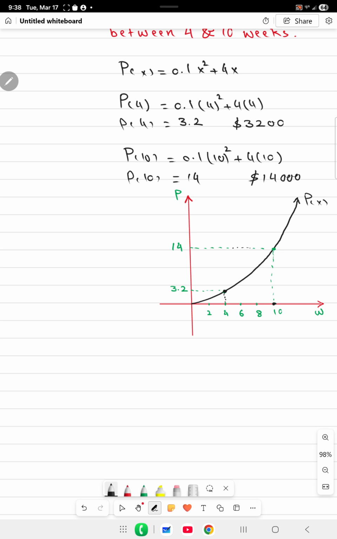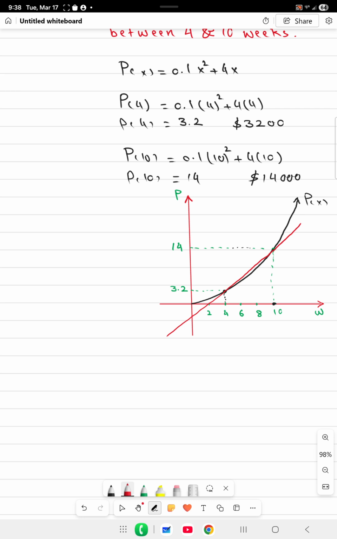Now, I want to find the average rate of change, correct? If I draw here my secant line, easily I can find the average rate of change.